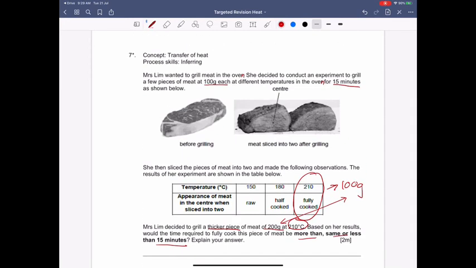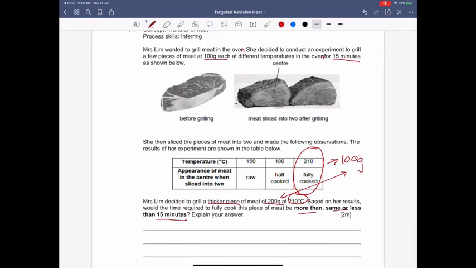So you're actually inferring that since it can only be a 100 gram piece, which is actually less mass than 200 grams, it takes 15 minutes to be fully cooked. Anything at a lower temperature will not get it cooked in 15 minutes as shown, it's only half cooked. Therefore, you can infer that if I were to use a thicker meat of 200 grams, something with a higher mass, it will actually take a longer time.